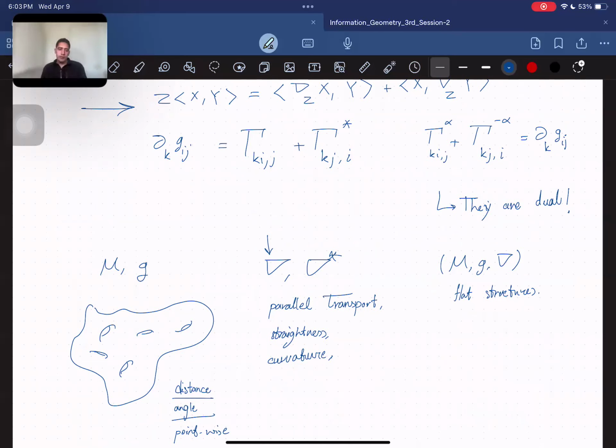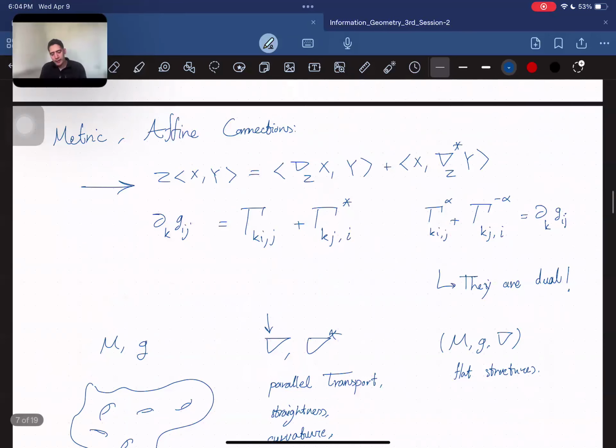All we need to be preserved is that the inner product in the first would equal the inner product in the second point we end up with. So that's the whole relationship between the Riemannian metric and the connection.